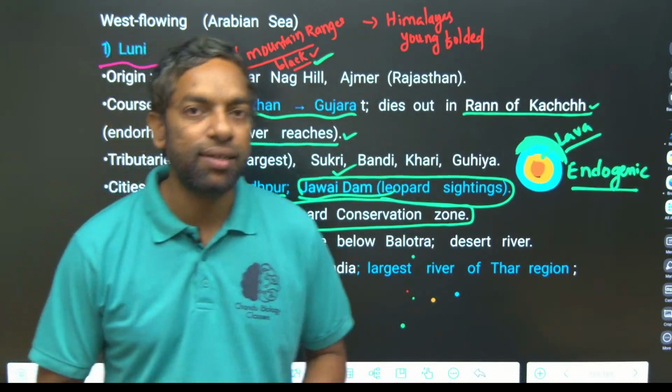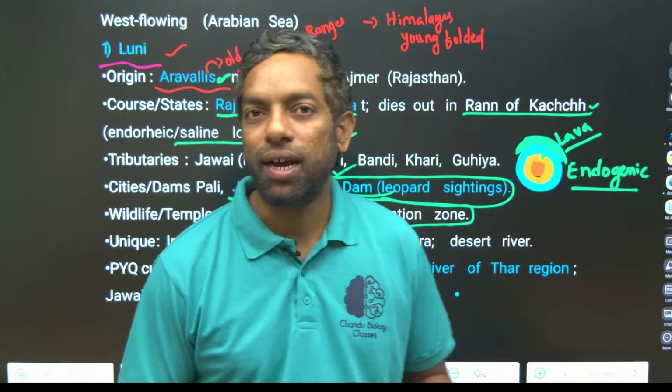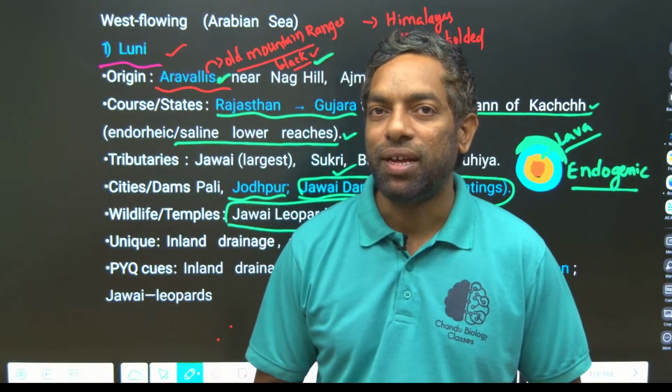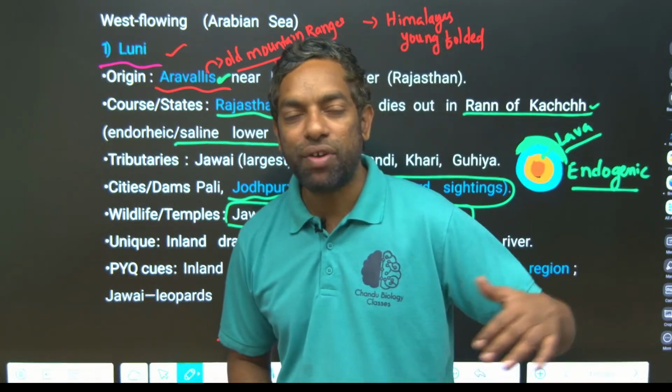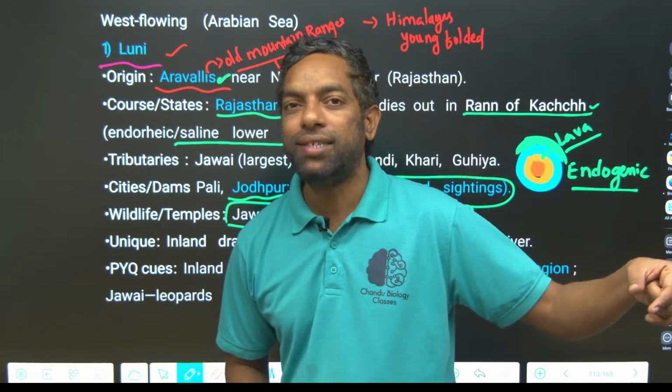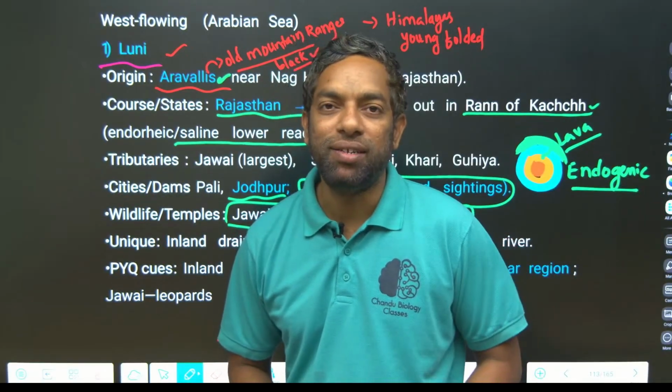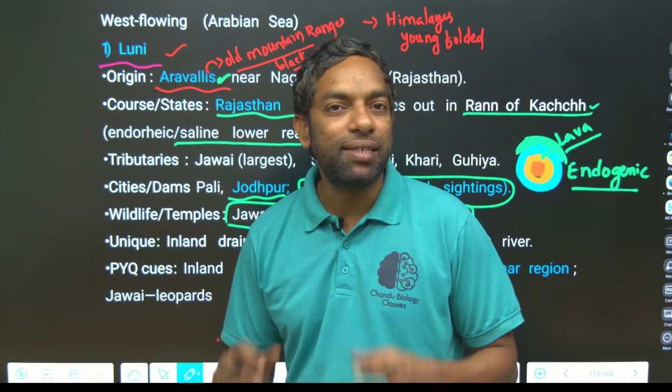As we discussed, rivers are a reason for wildlife and rich biodiversity. If a river is flowing, there is water that plants can use to grow and make rich biodiversity.